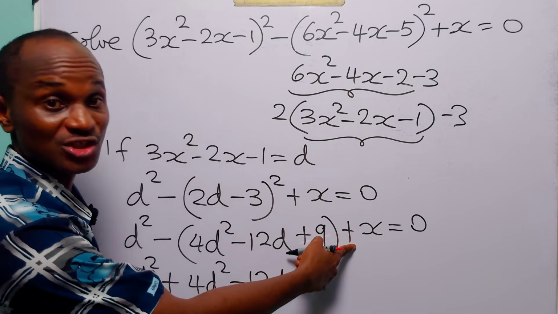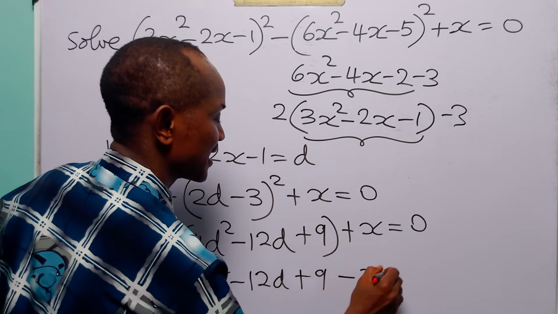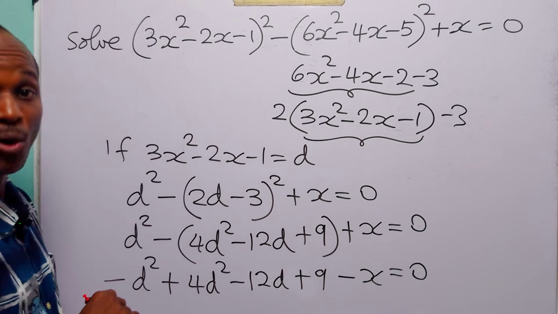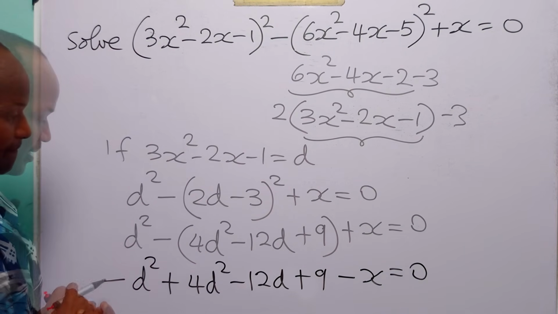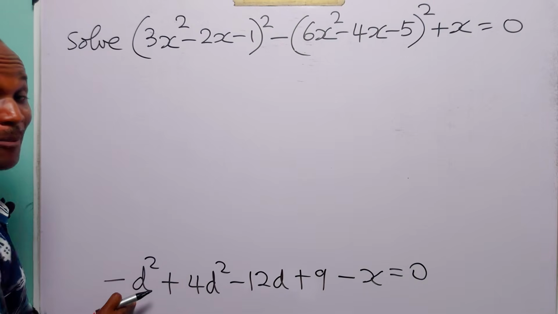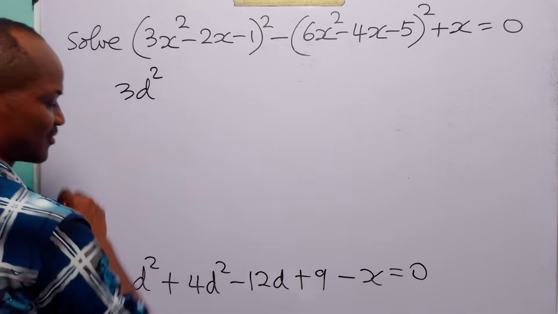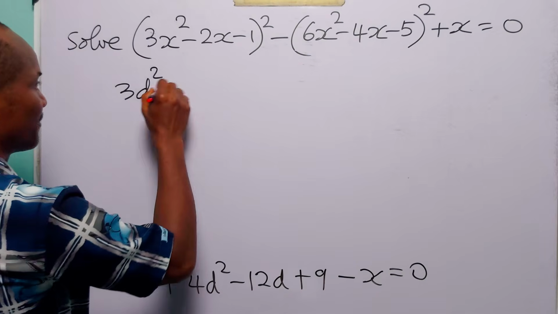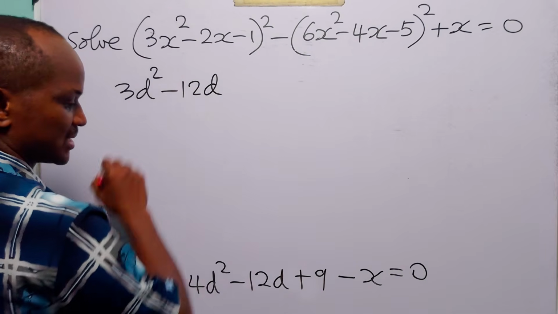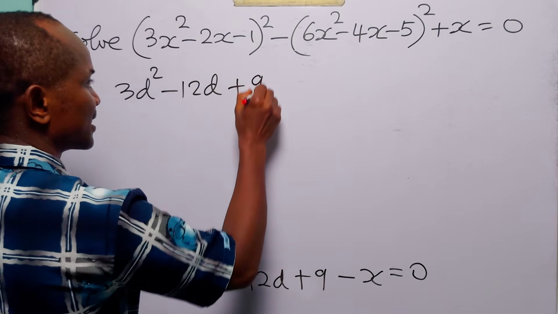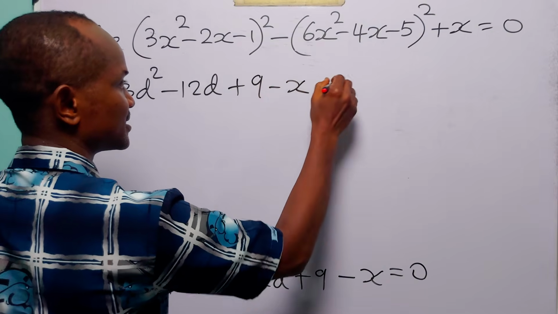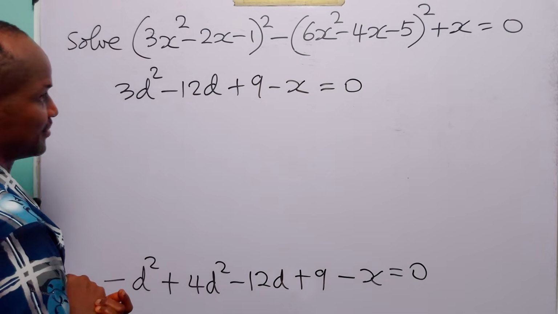Then this is going to change to minus x, and everything is still equal to 0. Now, 4d squared minus d squared is going to give us 3d squared. Then we have minus 12d plus 9 minus x is equal to 0.